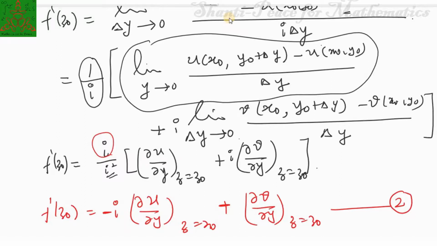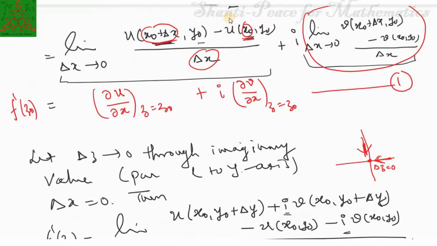Now just observe your equation 1 and equation 2, and both have the same value f dash of z0.